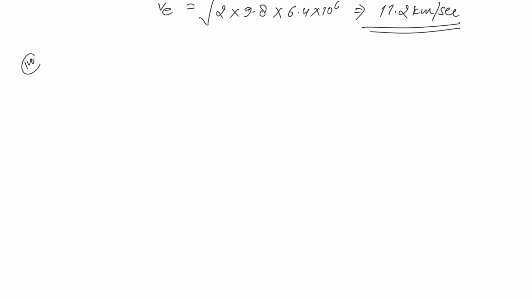Fourth, suppose a planet has an atmosphere. If we talk about the VRMS for the molecules in the atmosphere, and VRMS we know is root of 3RT by M, this will be lesser than the escape velocity.